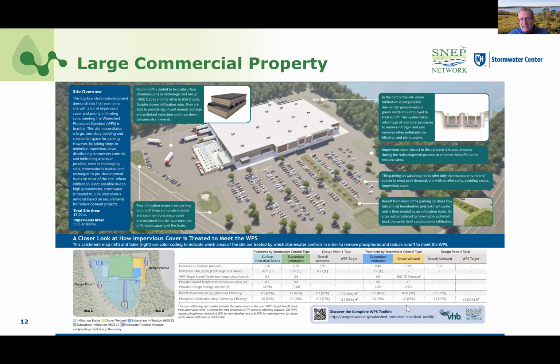If in design point A, as depicted in the graph, you can't meet the watershed protection standard because it's D soils and you find the most suitable control is the subsurface gravel wetland, which really has no ability to infiltrate or permanently retain water on-site, but does a really good job of managing nitrogen and phosphorus, then in that design area the target shifts from the watershed protection standard to the 90, 60, 50: 90% TSS, 60% phosphorus reduction, and 50% nitrogen reduction.